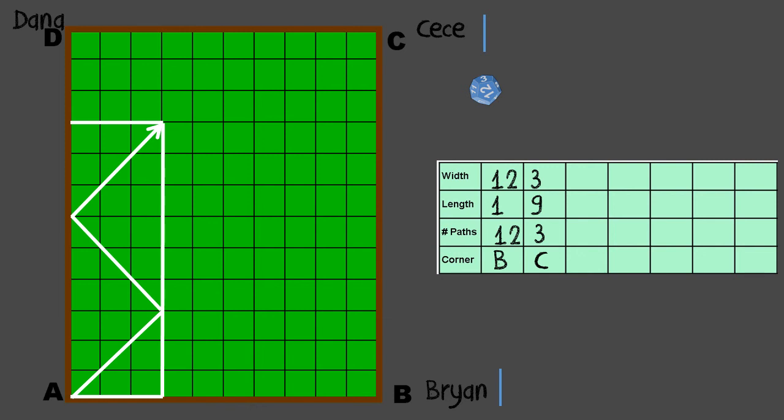So have them guess different sizes to get the ball to end up in their corner. So it's a lot of thought process in this activity. A lot of patterns that they can recognize, and a lot of thought on how am I going to create a rectangle so that the ball ends up in my corner.